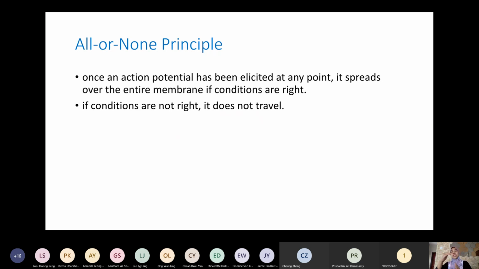If the action potential is just below the limit, it will not occur. If it is above the limit, which we call the threshold level, then the action potential will occur.